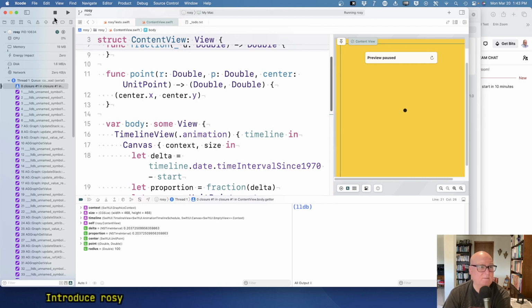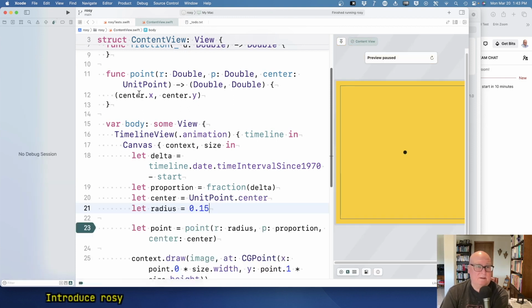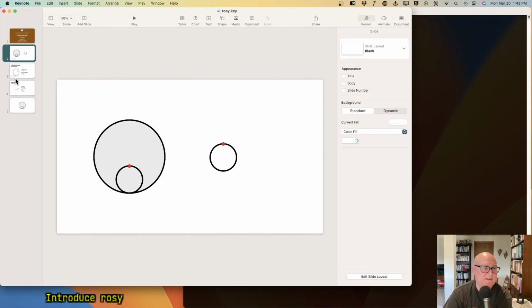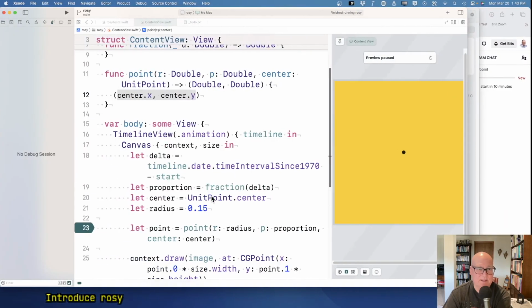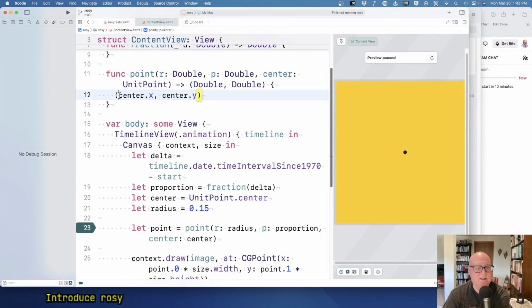All right, let's stop that. Okay, so given this formula, x equals r cosine theta, y equals r sine theta, we need to get that converted.